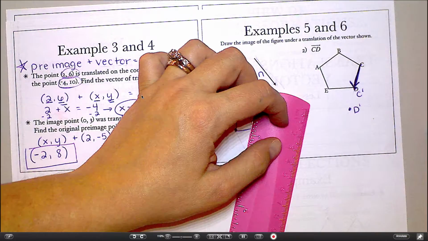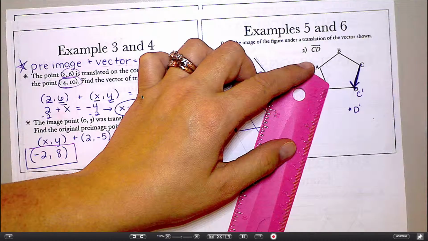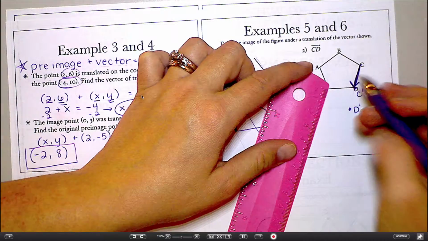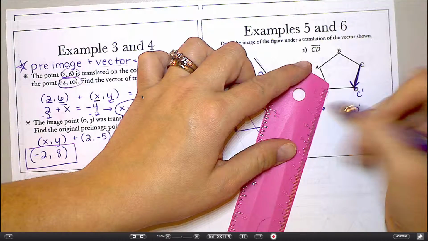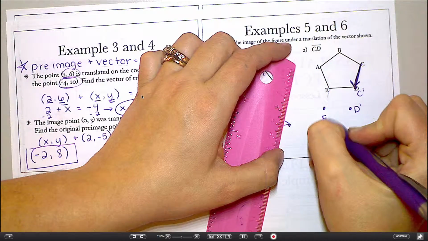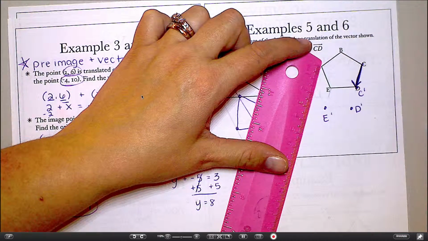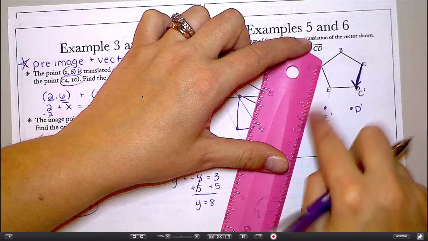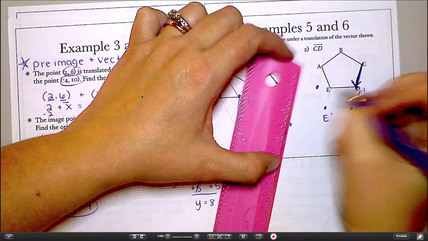But now I have to move all the other points too along that same path. So trying to keep it parallel, I think that's pretty close. 1.5 centimeters. That's now going to be E prime. Okay. This one, trying to keep it parallel, pretty good. 1.5 centimeters, that's now going to be A prime.